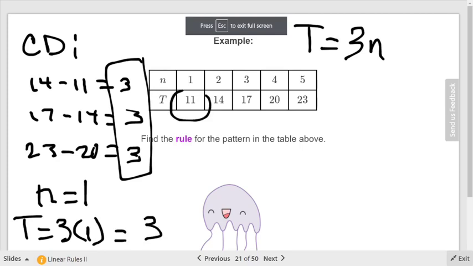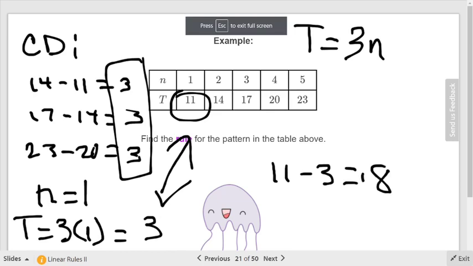Is 3 the first number in the pattern? Nope. But all I have to do then is find the difference between the first number in the pattern and the test number that I just got. So I'm going to just do 11 minus 3, which is what? 8. And since it's positive 8, that means I need to be adding 8 up there.